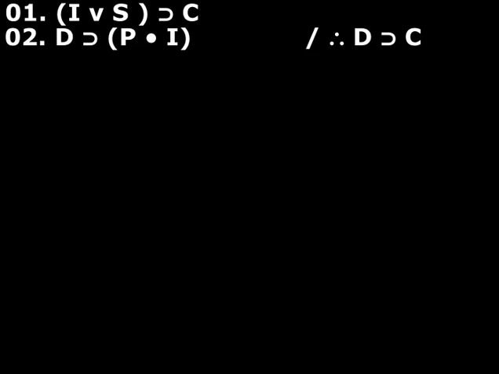It's valid basically because of hypothetical syllogism. The conclusion is if D, then C. Now, this consequent isn't the same as that antecedent, so we can't just use hypothetical syllogism to go if D, then C by HS here.